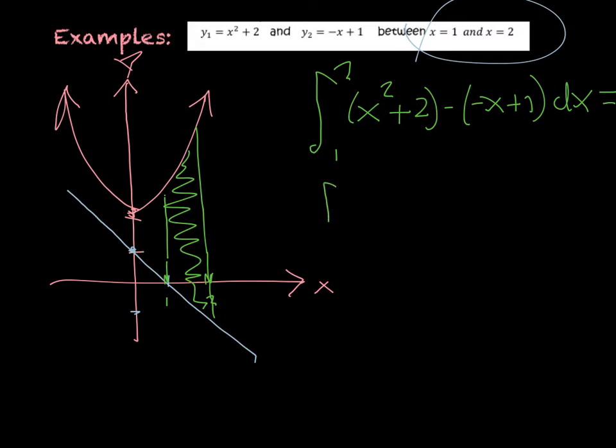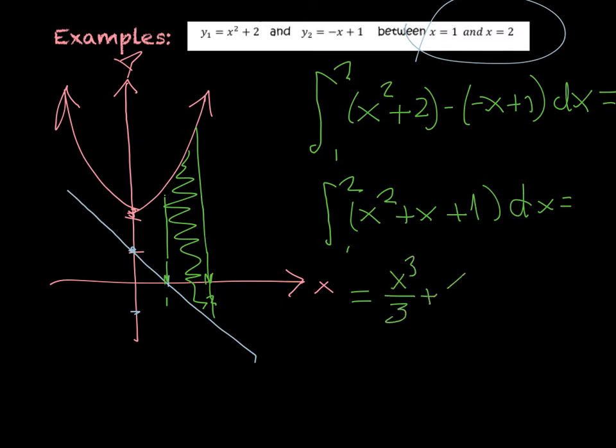Okay, we can first subtract the two functions, so we will have x squared plus x plus 1 times dx. And then solving the integral, it will be x cubed over 3 plus x squared over 2 plus x from 1 to 2.